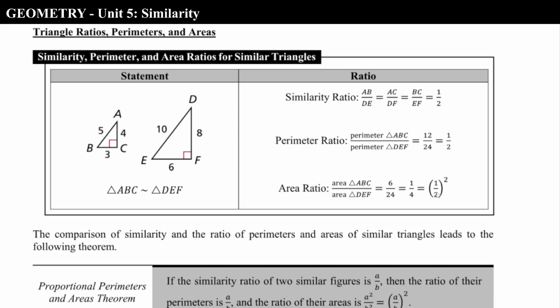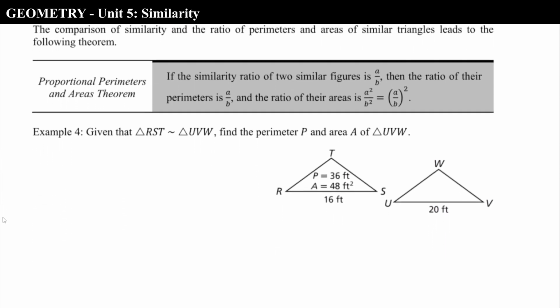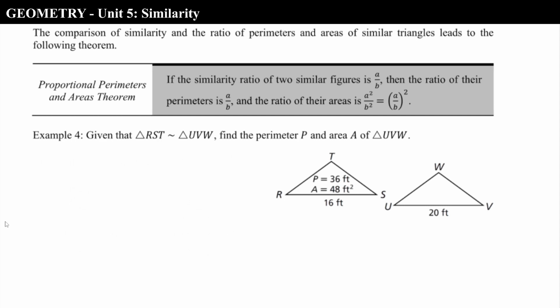You can rewrite that in terms of 1/2 by doing 1/2 squared, because 1 squared is 1, 2 squared is 4, so that gives you 1/4. So to use the similarity ratio to find an unknown area, you have to use the square of the similarity ratio. This comparison is presented here in the proportional perimeters and areas theorem. So everything I just described is right there in that theorem.